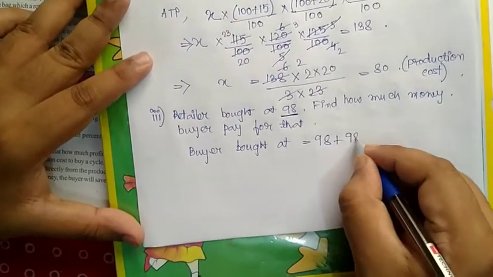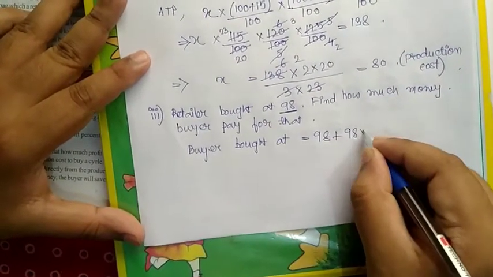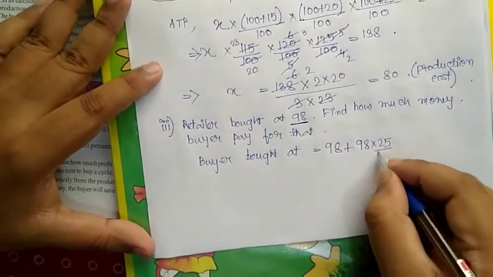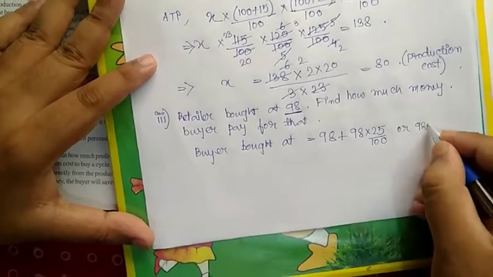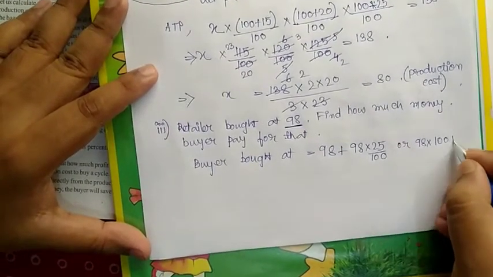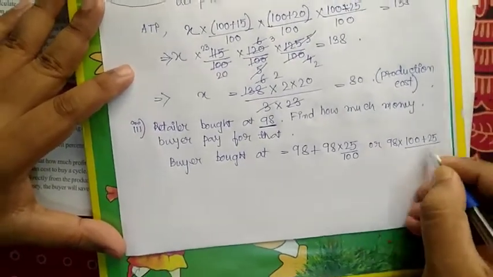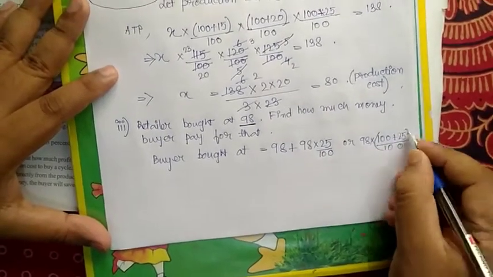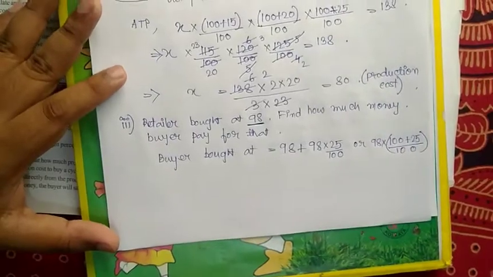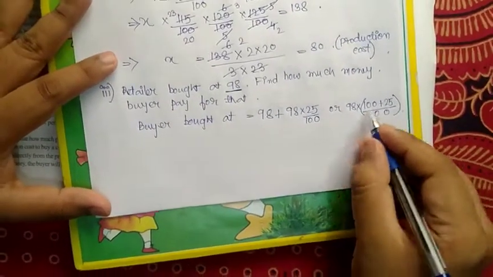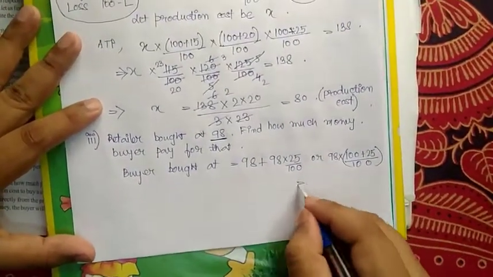So 98 into 25 by 100. You can do it in this procedure, or 98 into 100 plus 25 by 100. I think this procedure takes less time, so you can do it in this manner.